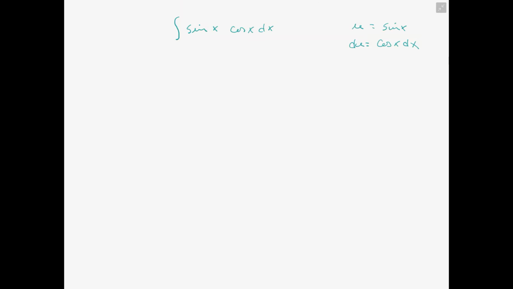And we have u du, and that's all it is. It's an integral of that form. So we have 1/2 u squared plus c. Now we substitute for u, and we get 1/2 sine squared x plus c. And that is our solution.